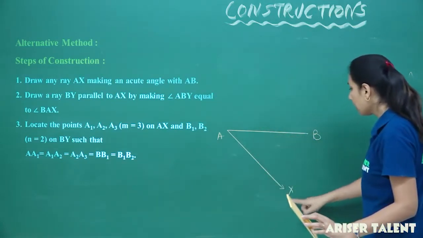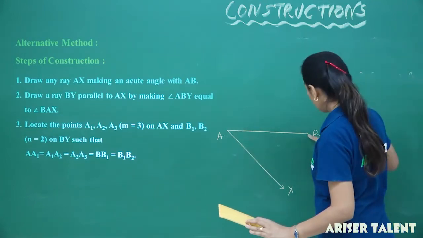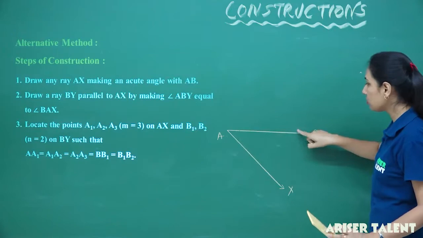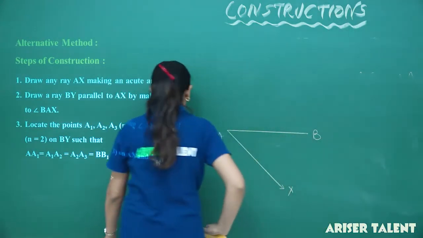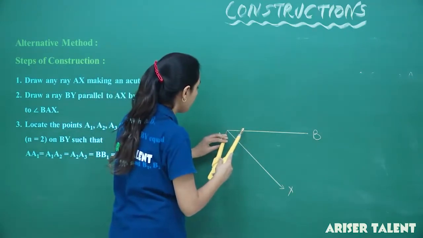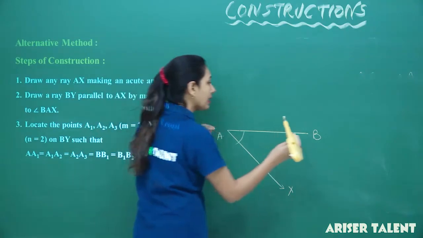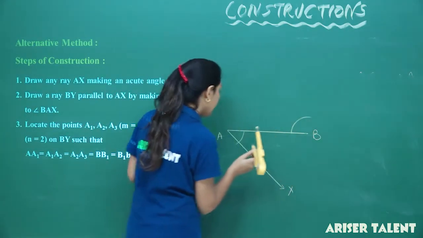Now AX is this and point B is this. So I have to make a parallel line here. How will I make it? If I make this angle equal to this angle, right? So for that, with the help of a compass, I'll have some radius and make an arc. Now I'll do the same thing here.